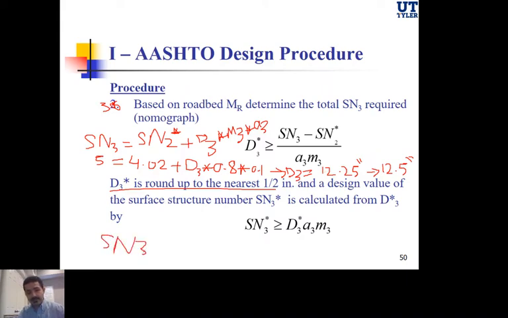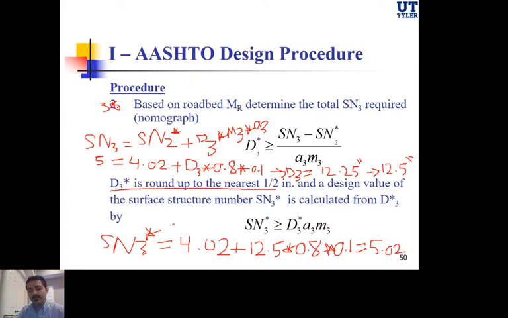So SN3 star will be equal to SN2 star, which is already known, 4.02, plus D3 star, which is 12 and a half, times 0.8 times 0.1, and hopefully it will be more than 5. So I have 12 and a half inches times 0.8 times 0.1 plus 4.02, that is 5.02, which is higher than what's needed, which is 5, and therefore now the design is complete.